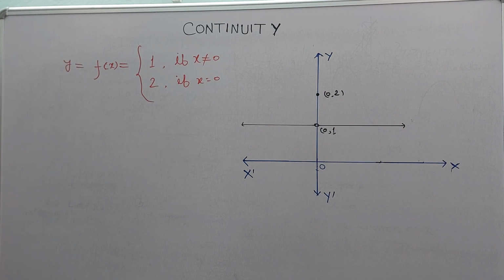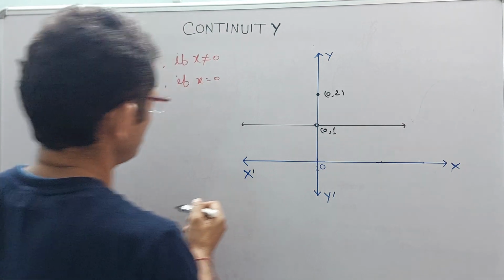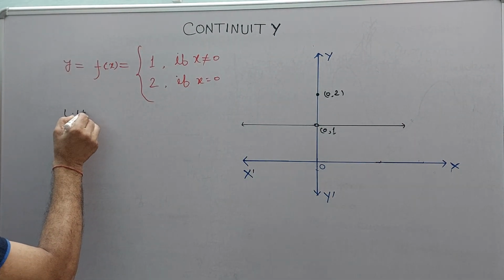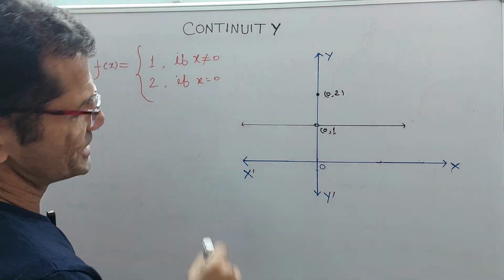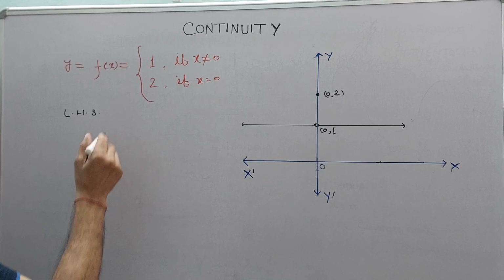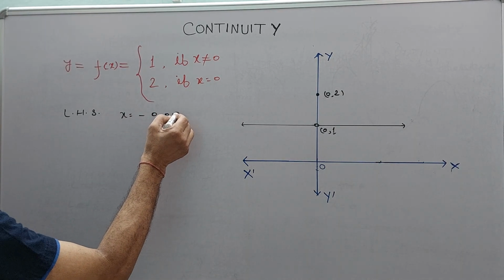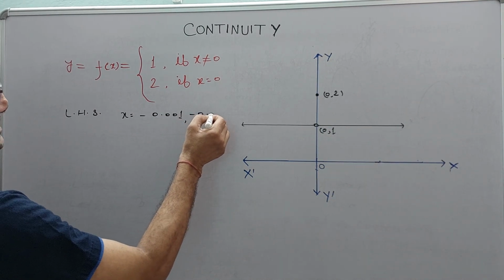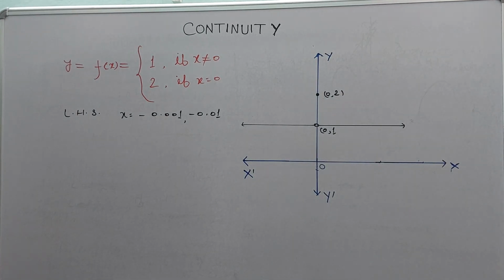And another way, if I check, if I come to the point 0 from the left hand side, taking values very near to x equal to 0, like minus 0.001, also minus 0.01, these values are nearby 0.